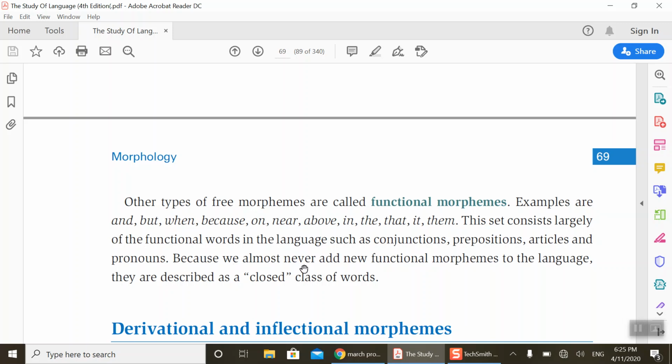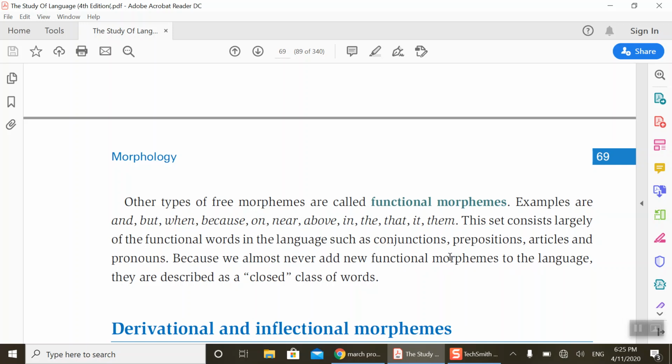Because we almost never add a new functional word, they are not dynamic. We never add new functional morphemes to the language.